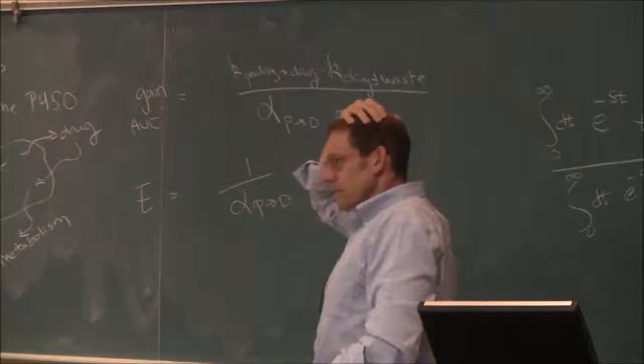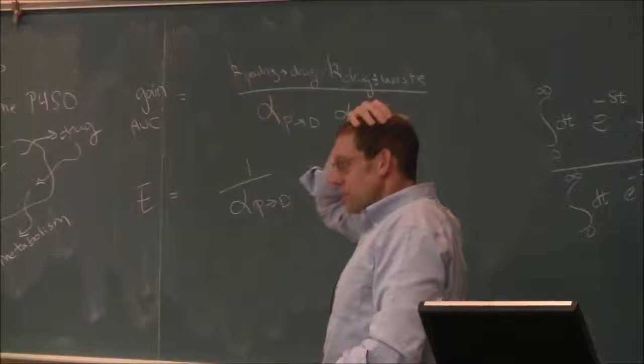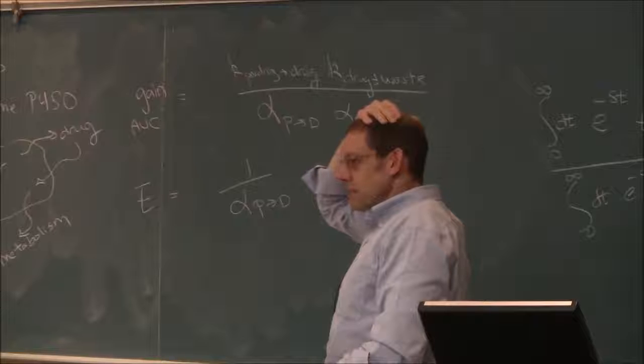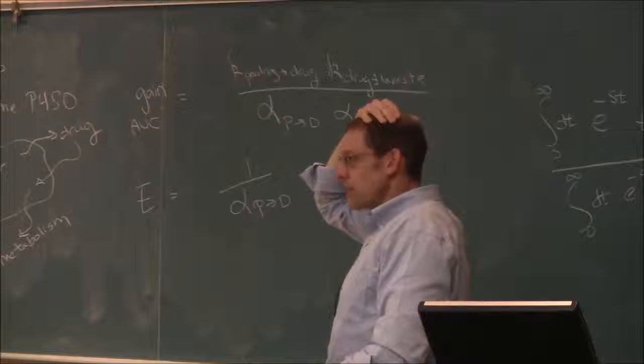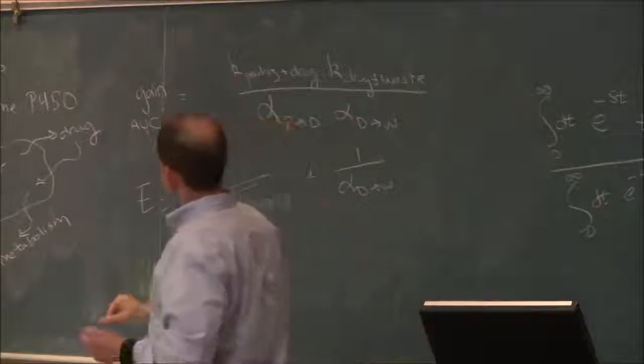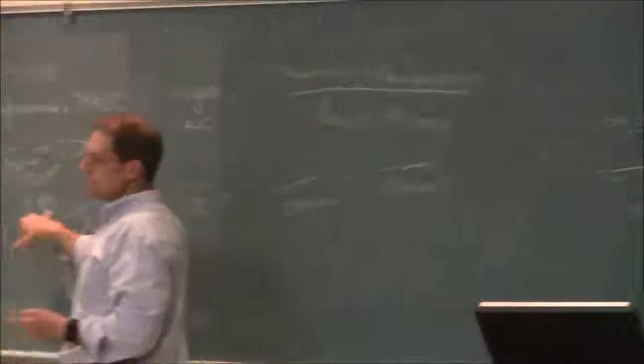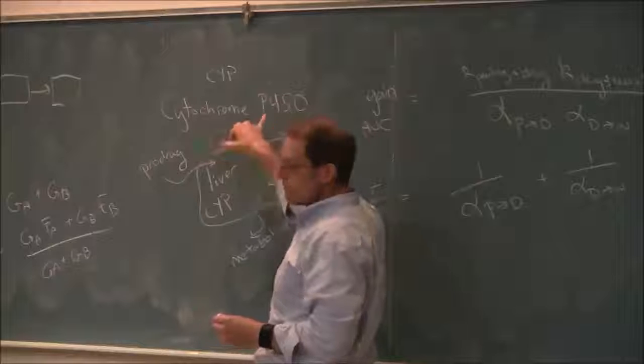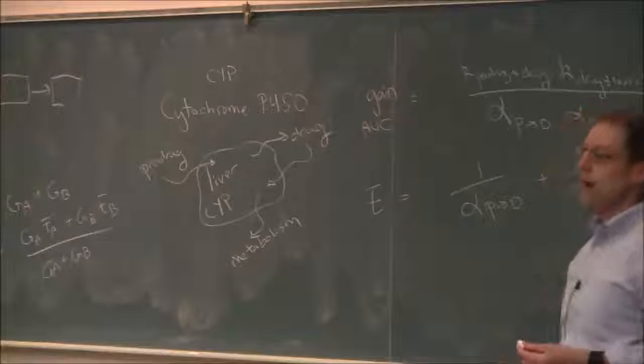So one example that's actually pretty common is grapefruit juice. There are many drugs that you're not supposed to drink grapefruit juice while you're taking. And the reason is that grapefruit juice has components that are very strong inhibitors of the cytochromes with half-lives of like 12 hours or 24 hours.